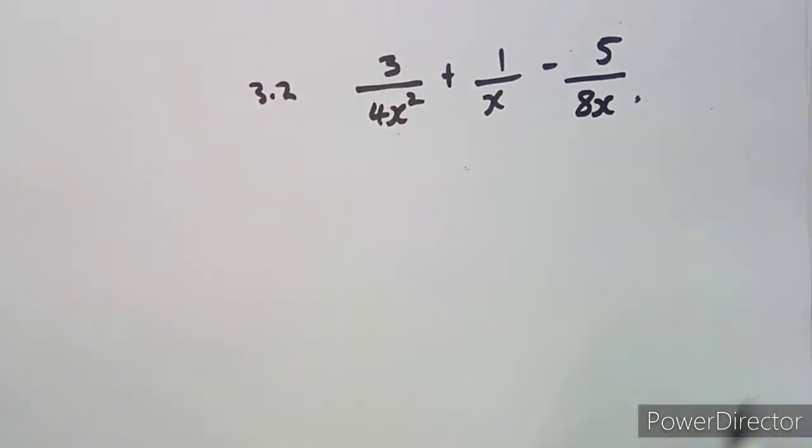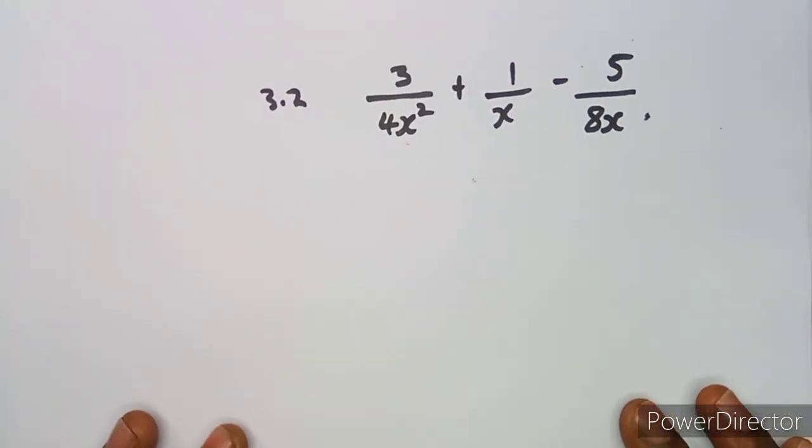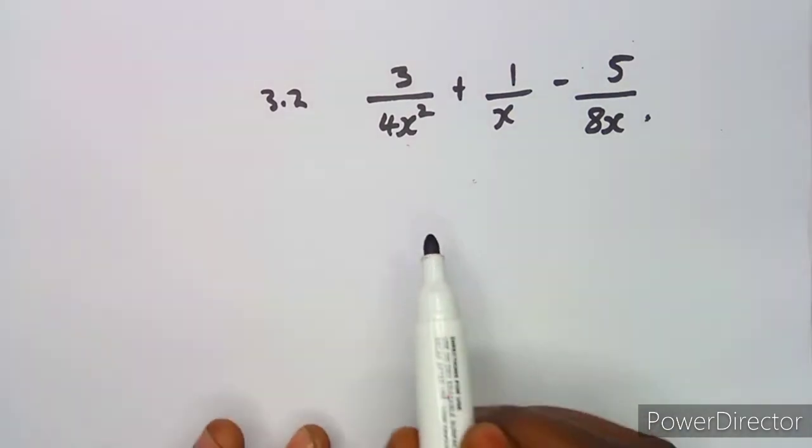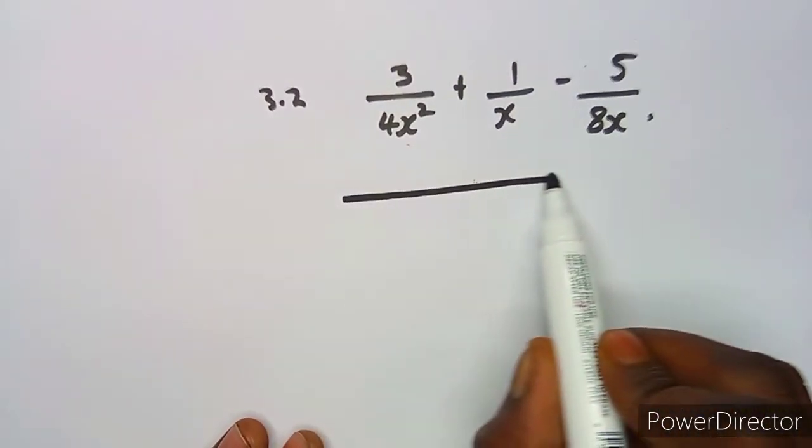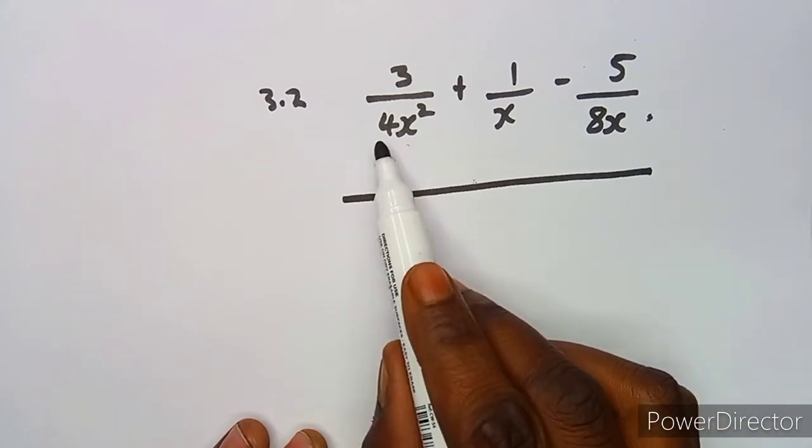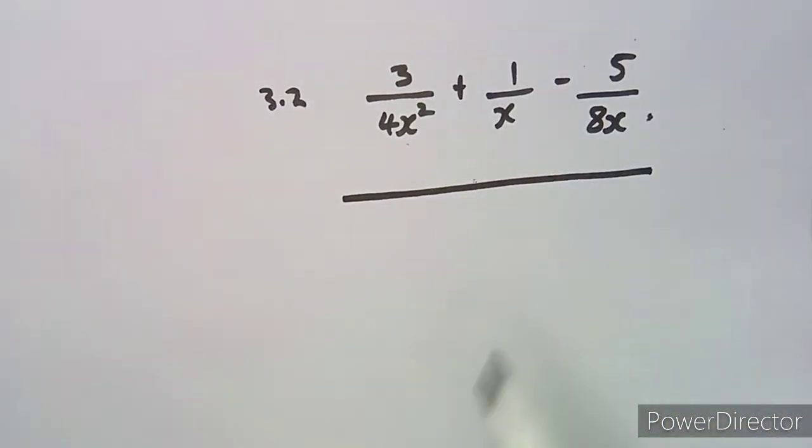Okay, so remember, guys, that whenever you are subtracting or adding, you have to find the LCD, which is the lowest common multiple in this case of these denominators that you are given, and you do not cancel it. It maintains as it is.